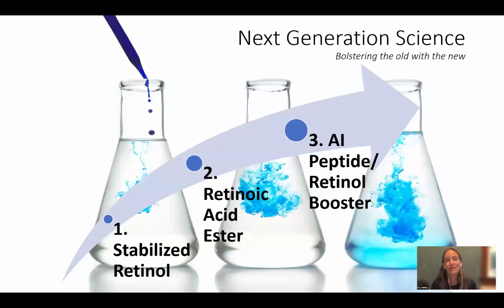So we're super excited at this time because it really shows that we're entering a new generation of science where we're bolstering the old with the new, right?